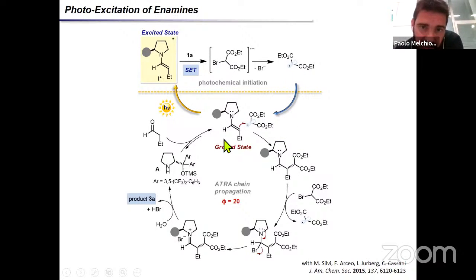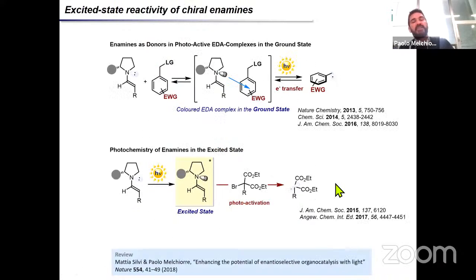The ground state chiral enamine traps the radical to set the stereogenic center. This alpha amino radical can abstract the bromine atom from a new substrate to regenerate this carbon-centered radical. This intermediate is unstable and can collapse, leading to the final product and to the catalyst. Also here, we are in the presence of a radical chain propagation mechanism because we are regenerating in every step a carbon-centered radical.